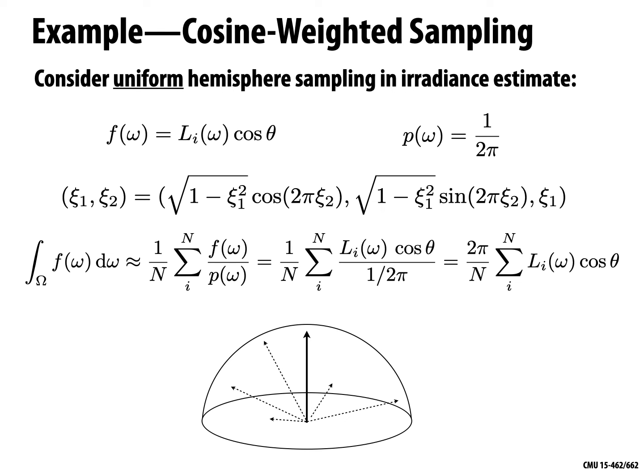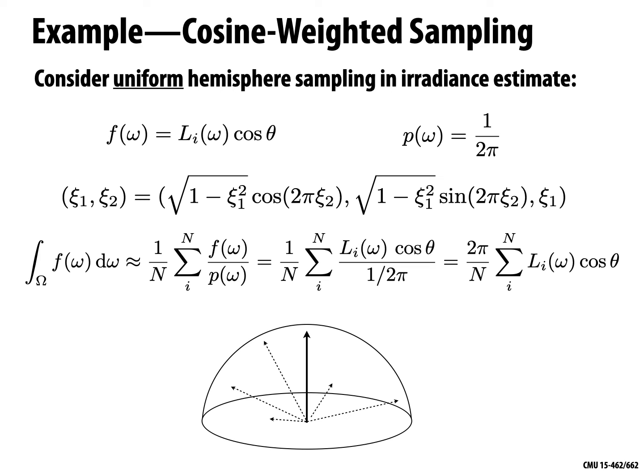Here's another useful importance sampling strategy. So far, we've talked about importance sampling the lights. Let's talk a little bit about importance sampling the hemisphere, right? We know that not all incoming directions are going to contribute the same amount to our integral. Why is that? Well, because when we're computing irradiance, we're integrating the incident radiance L sub i times the cosine of the angle theta between the incoming direction and the normal of the plane, right?